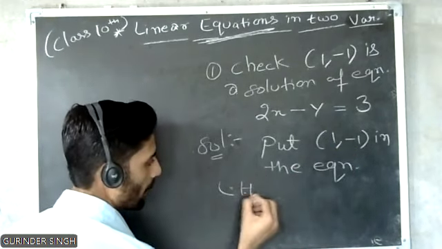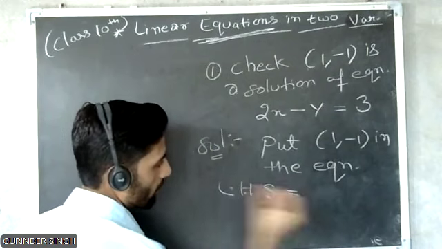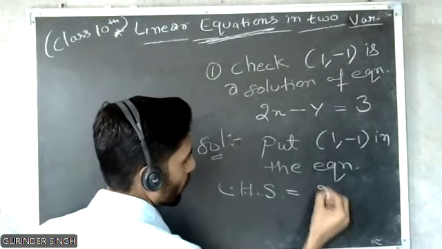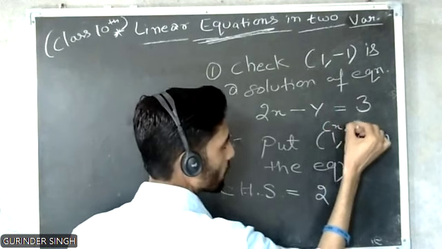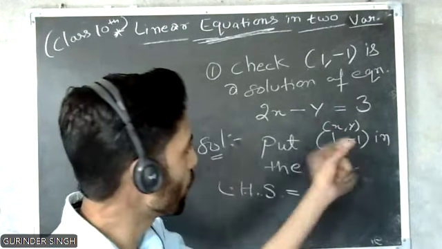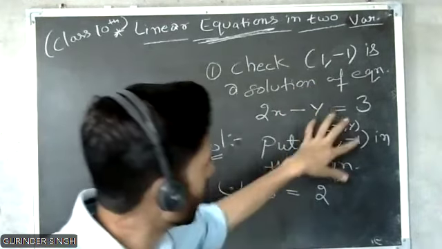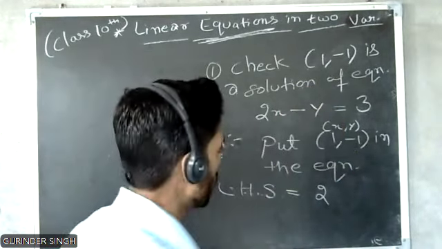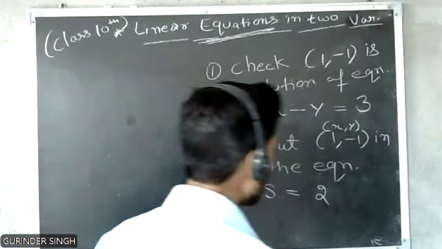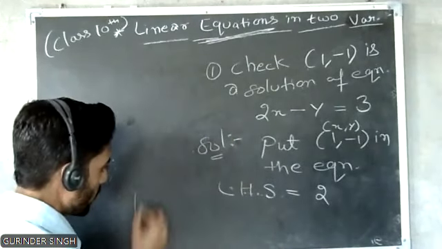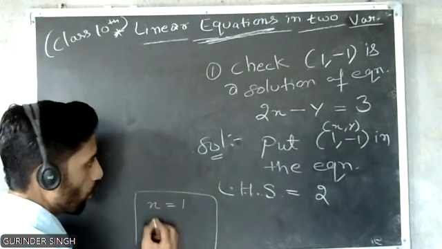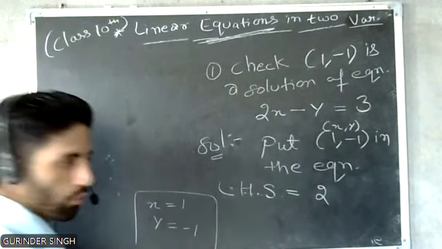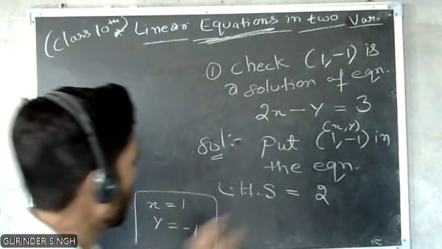So left hand side is equal to 2 into... I always told you the x comma y pair is this, right? So what is the value of x? It is 1. The value of y is minus 1, right? So you can write here, after comparing, x equals to 1 and y equals to minus 1.